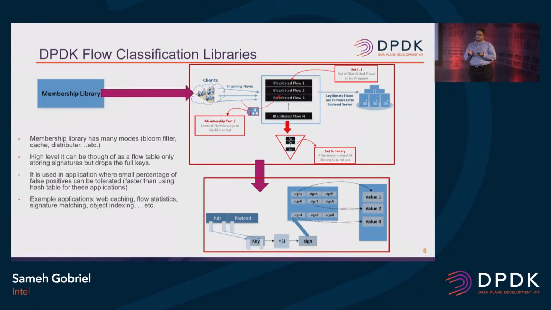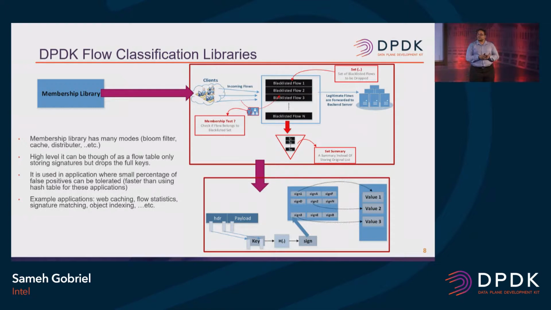There are many modes for the membership library, like Bloom filters, cache distributed, and so on, but without getting into the details of the modes, at a very high level you drop the full key, and all you are storing are the signatures, and then jumping directly to the value.